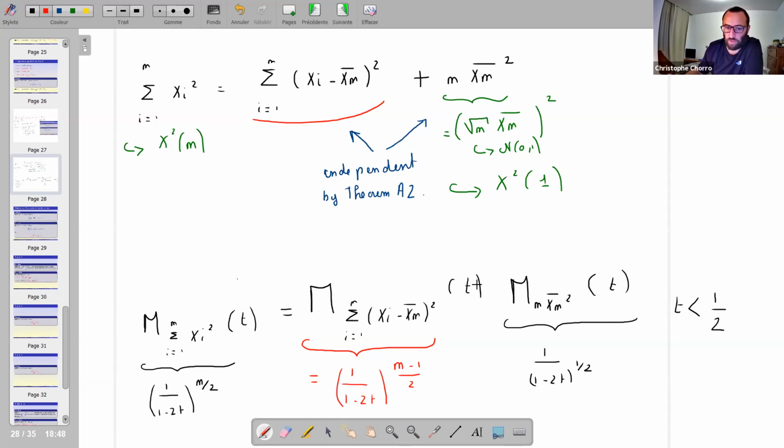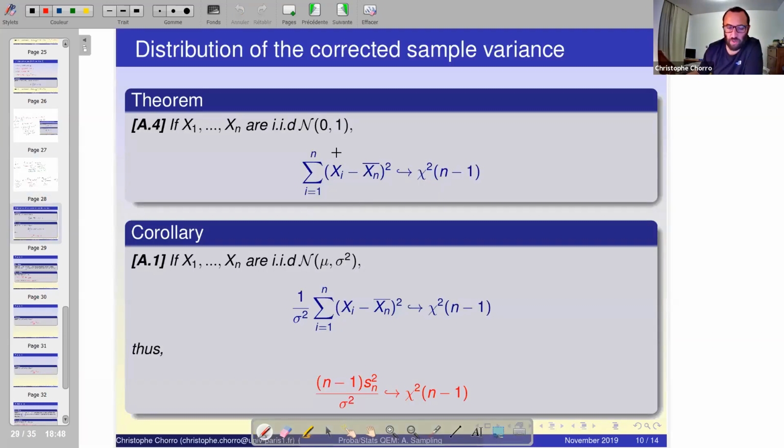I see that this moment generating function is none other than the moment generating function of a chi-square of parameter n minus 1. So I have proved my result: this sum follows a chi-square distribution of parameter n minus 1.